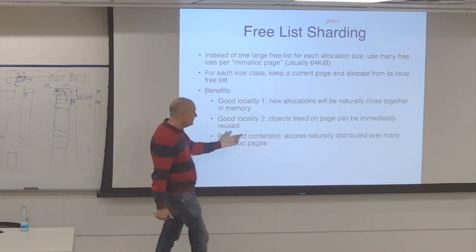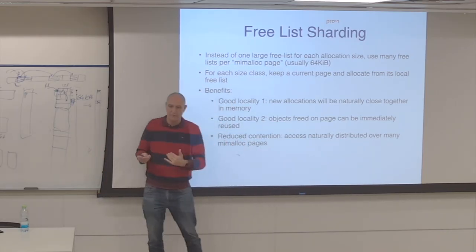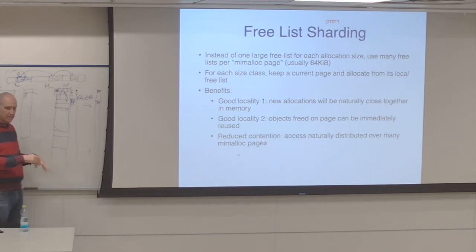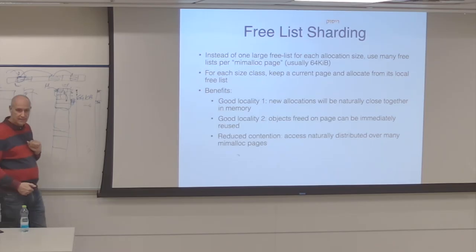And also everything that is freed immediately will be added to my free list so I can use it. While I'm allocating from this, some objects get freed. We were talking about malloc and free. All the time things get freed and they will just be added to my list.